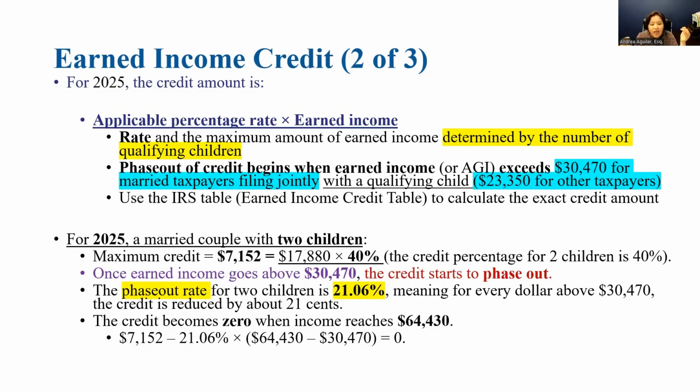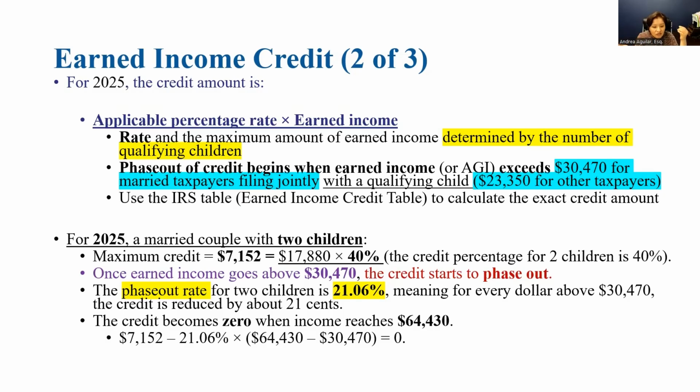$7,152. And then if you make more money, if you make 18,000, 20,000, 25,000, you still get $7,152. Only when you reach $30,470, meaning the phase out base, is when you're going to start losing your earned income credit. So we calculate first our maximum credit, and we're going to reduce it by the applicable phase out percentage.